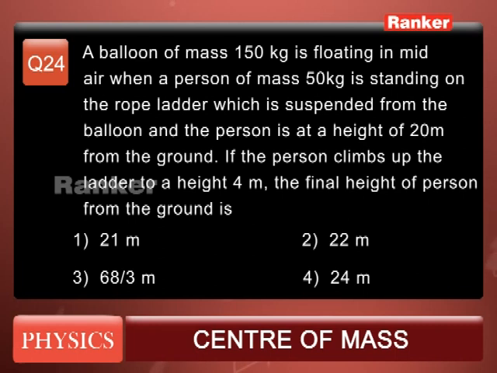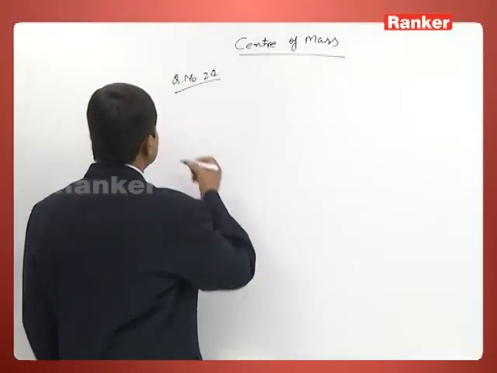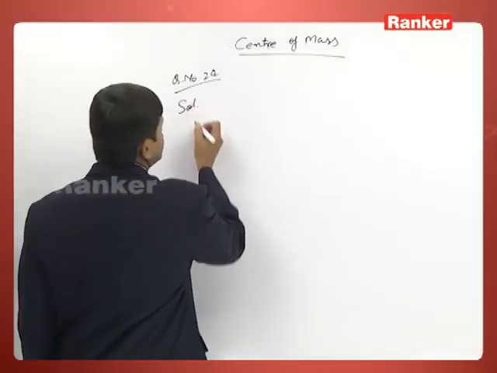If the person climbs up the ladder to a height of 4 meters, the final height of the person from the ground is: first option 21 meter, second option 22 meter, third option 23 meter, and the fourth option 24 meter. Now see the solution of this.